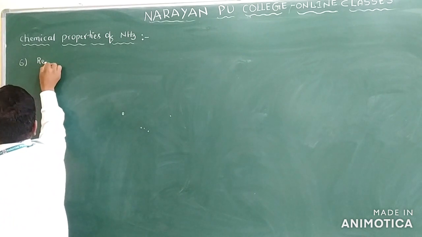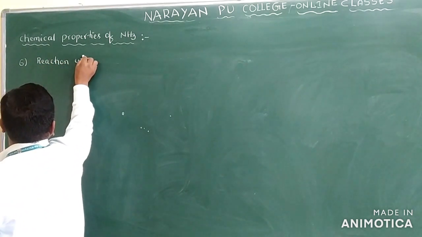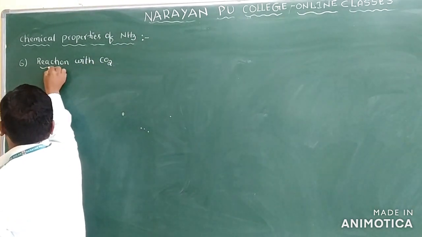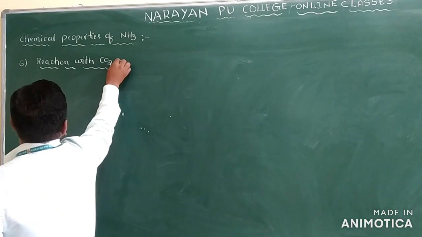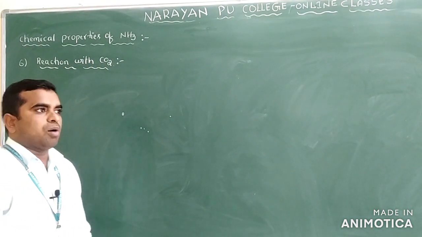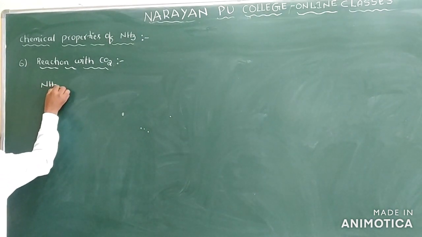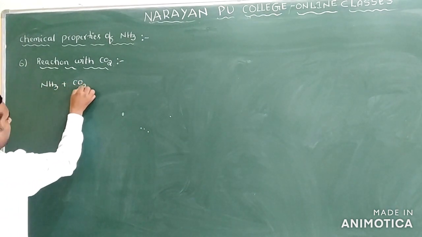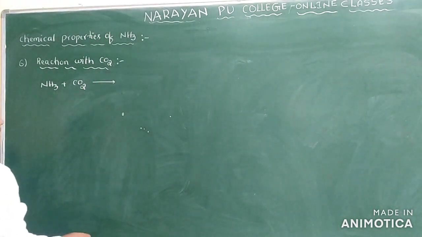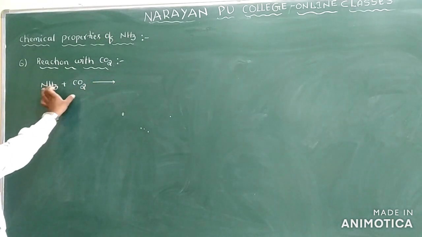The last one we discussed, the sixth one, I will write again here: reaction with carbon dioxide. Clear? You already know that when ammonia reacts with carbon dioxide, you have to maintain drastic conditions because both are gases.